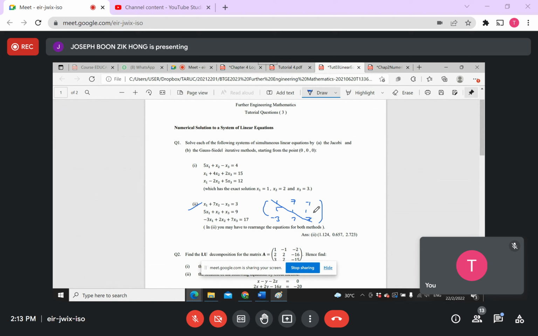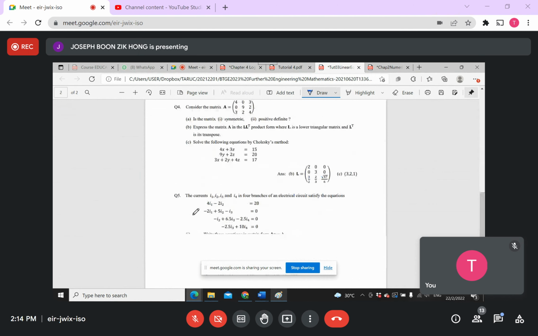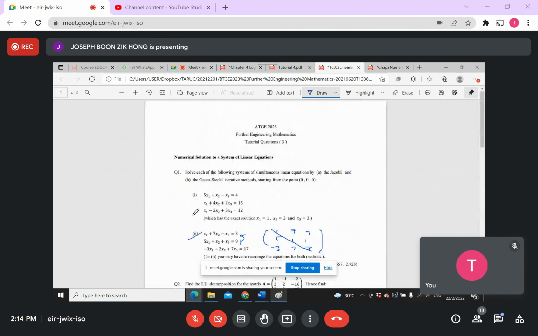So you have to think how you're going to change two equations. For example, I change these two, so it becomes 5, 1, 1, 1, 7, negative 1. Then it is diagonally dominant. Only then can I start with the Jacobi and also the Gauss-Seidel method. So try to do questions 1 and 2. Starting from question 2, no need to do first. Only do questions 1 and 2.